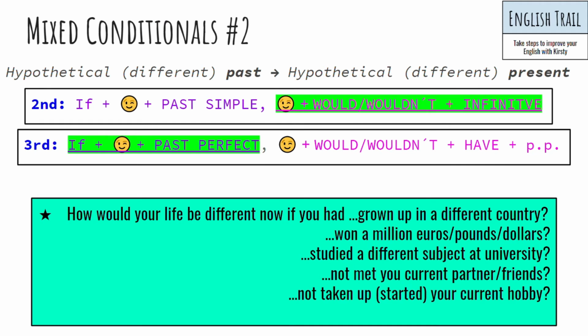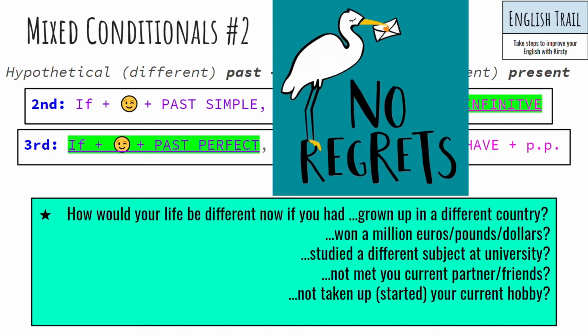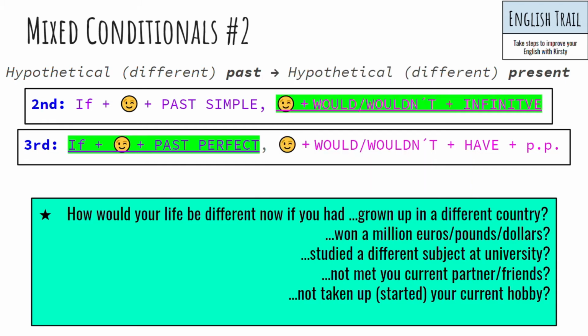Now, to be honest, I think it's better to be happy with your current situation and have no regrets. But many people like to talk about how their life would be different if they had done something differently in the past.